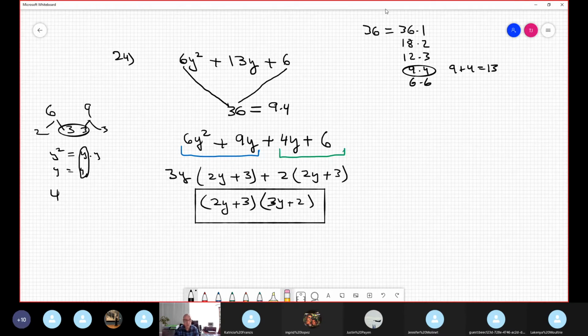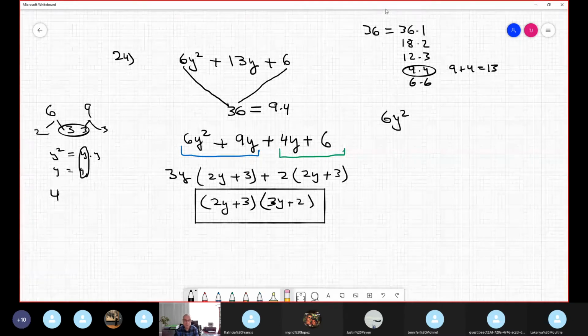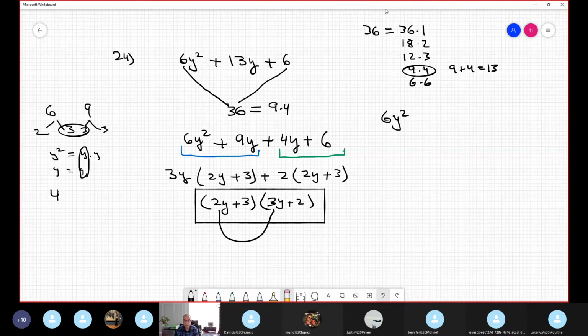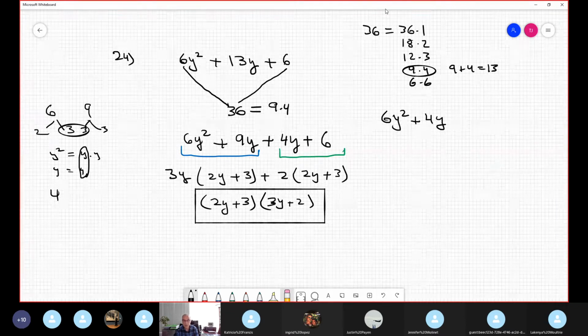Your multiplication, 2y times 3y, 6y squared. Doing the multiplication of this and this, 4y, plus. Now multiplication of this and this, 9y.